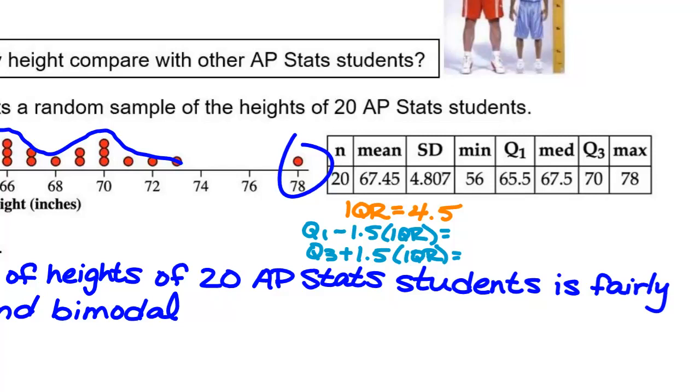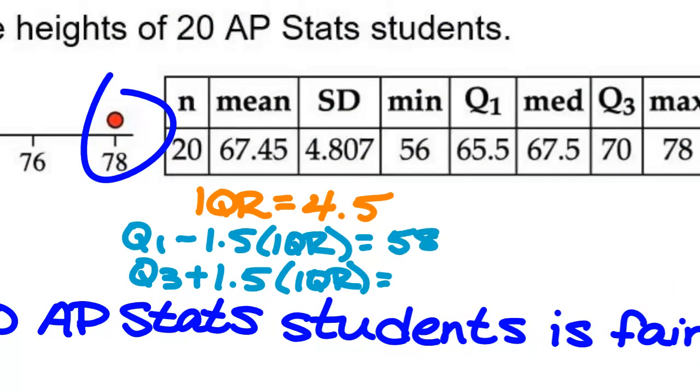What is the Q1 minus 1.5 times IQR? 58.75. And what about when we do our upper boundary? You got 76.75? It's possible that I typed it into my calculator wrong. Did other people get 76.75?